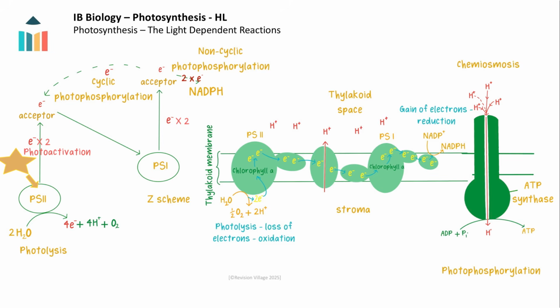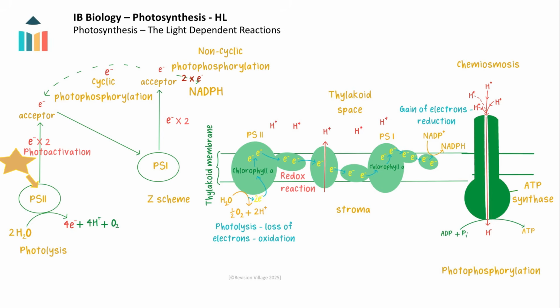The reduced electron acceptor that has just received the electrons from the chlorophyll then passes these electrons to the next electron carrier, thus reducing the electron carrier that is receiving the electrons and oxidising the electron carrier donating the electrons. This process of reducing one molecule while oxidising another is known as a redox reaction.